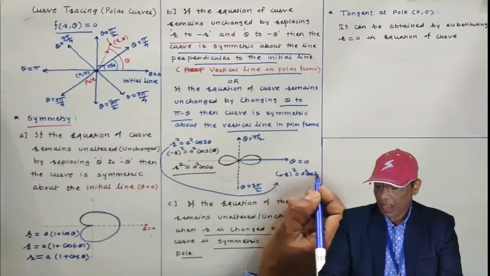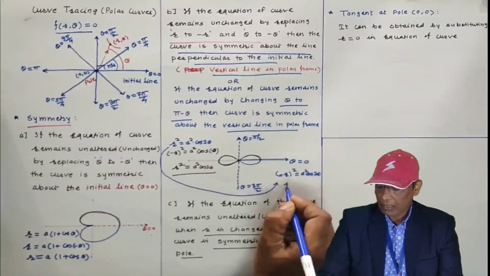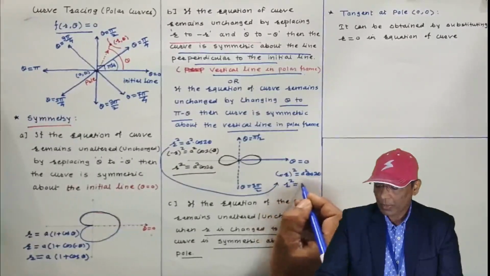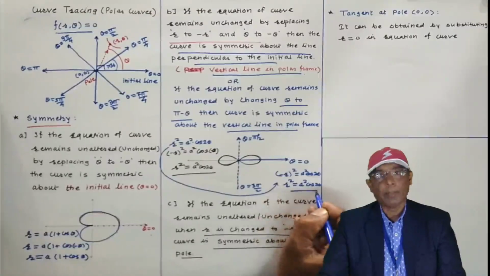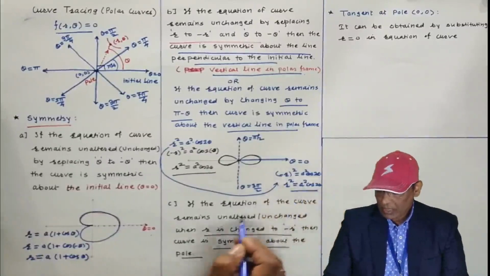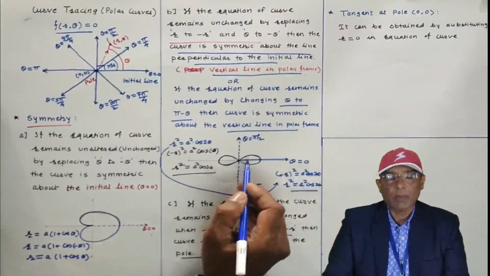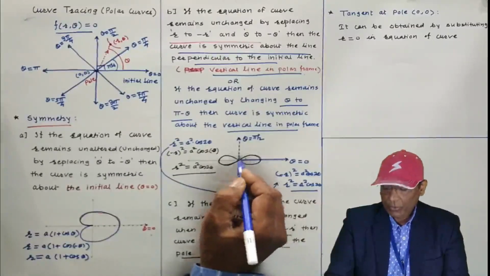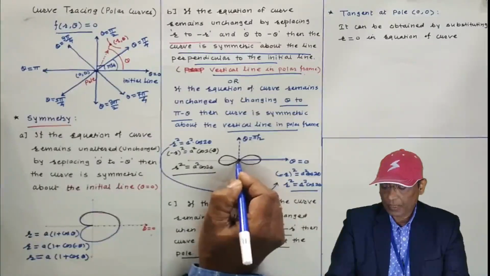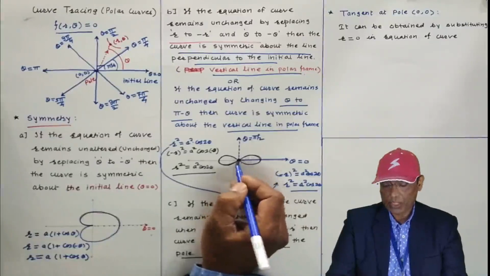On replacing r by minus r, r square is plus r square. Then the equation remains the same. Therefore, this curve is symmetric about the pole. If you look at this curve, it is symmetric about this pole.